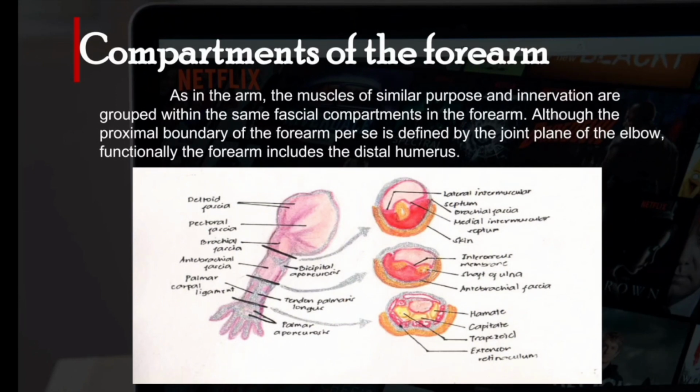The deep group includes the supinator, abductor pollicis longus, extensor pollicis brevis, extensor pollicis longus, and extensor indicis. The mobile wad consists of 3 muscles, the brachioradialis, extensor carpi radialis longus, and extensor carpi radialis brevis.